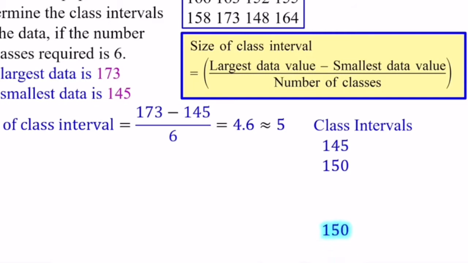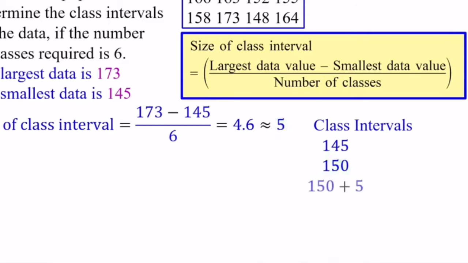For the lower limit you can keep on plus 5, so 145 plus 5 is 150, and then 150 plus 5 will be 155, isn't it? We can plus 5 for the lower limit, or for the upper limit, or for the midpoint, or for the boundary.